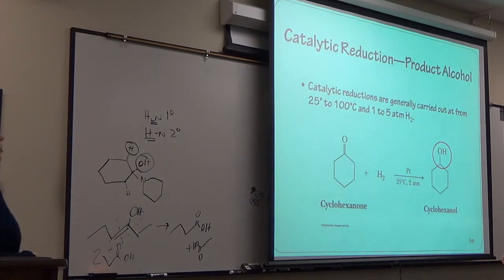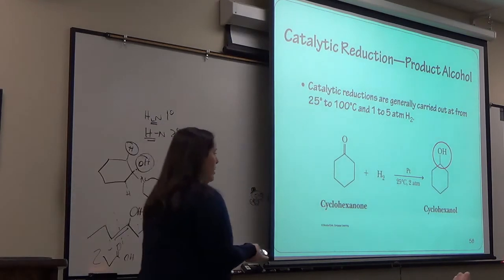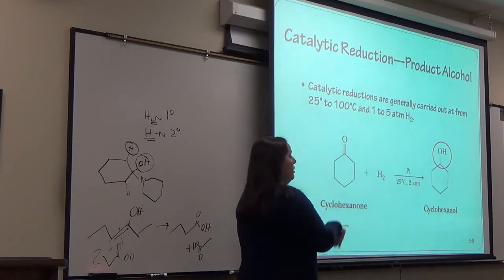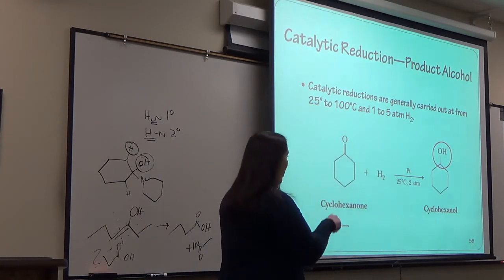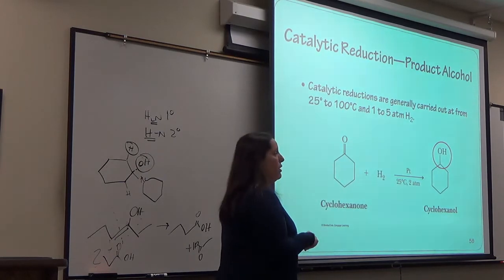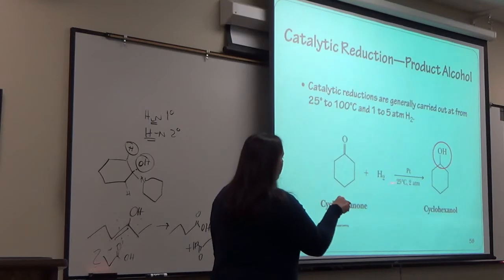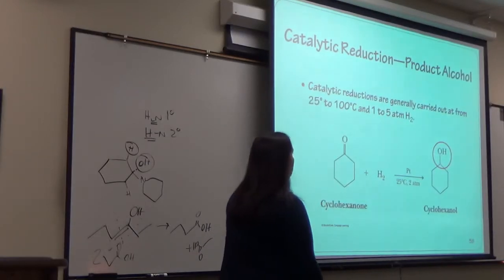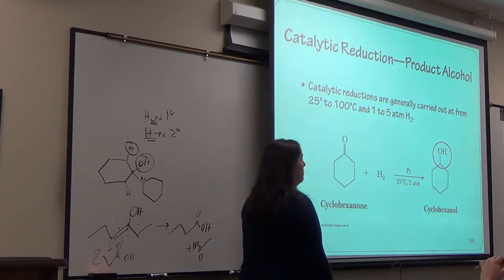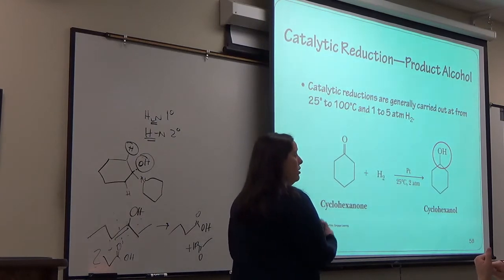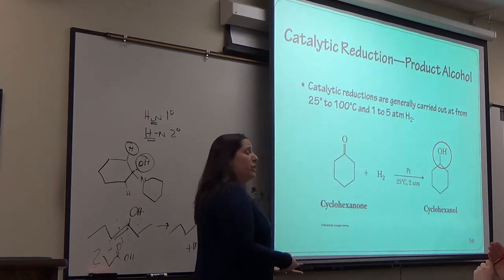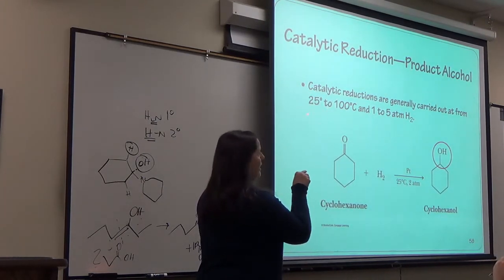And these can usually also be done with catalytic reduction. So hydrogen in the presence of a metal catalyst, and it's platinum here. And then you have 25 degrees and 2 atmospheres. But sometimes, depending on what your initial aldehyde or ketone is, you have to heat it up.